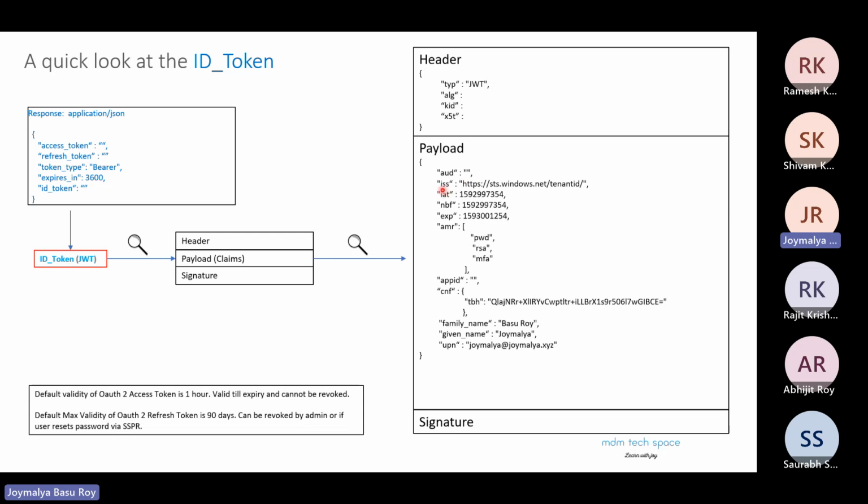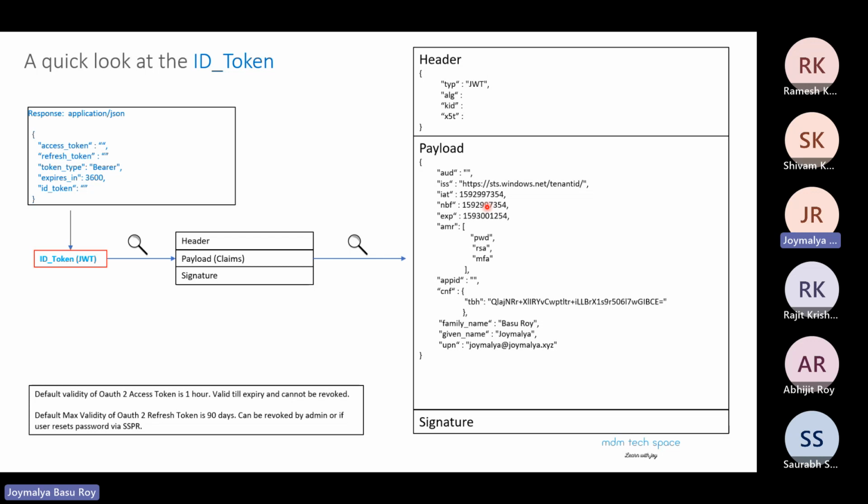Issuer is who is issuing this token. For this, it is sts.windows.net tenant ID, so your Azure AD tenant is the issuer. Issued at is the time when this token is issued. Not before is the time before which you cannot use this token.